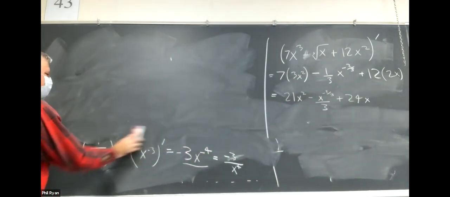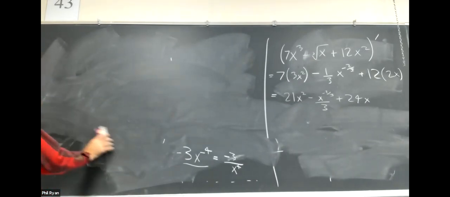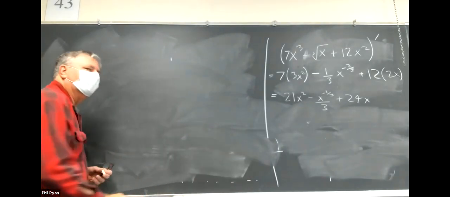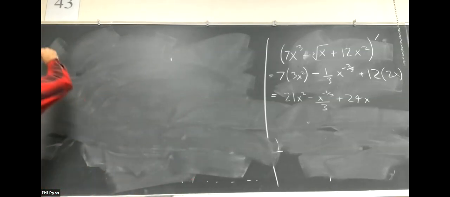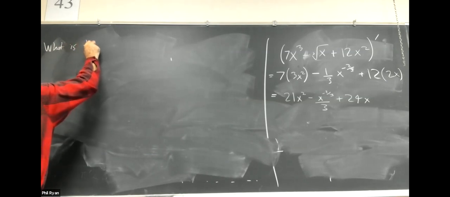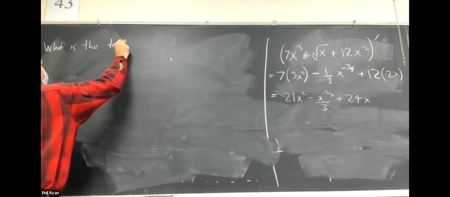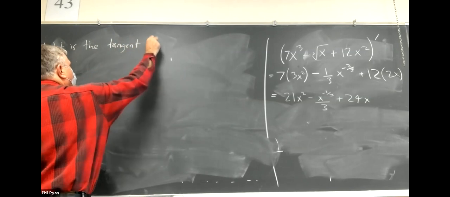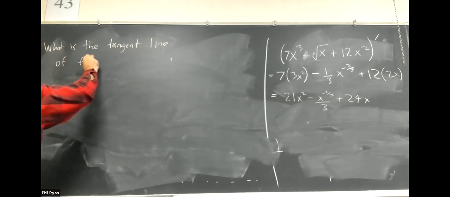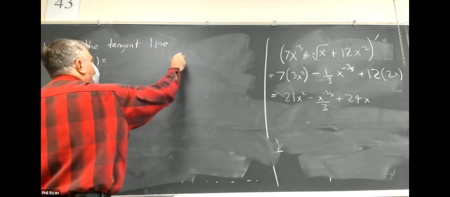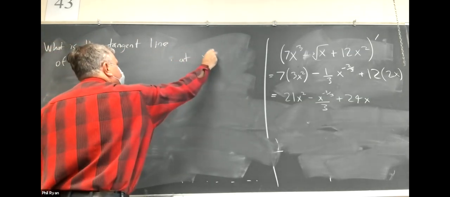So we know that the derivative is the slope of the tangent line. So a question I can ask is, what is the tangent line of some function at some point?